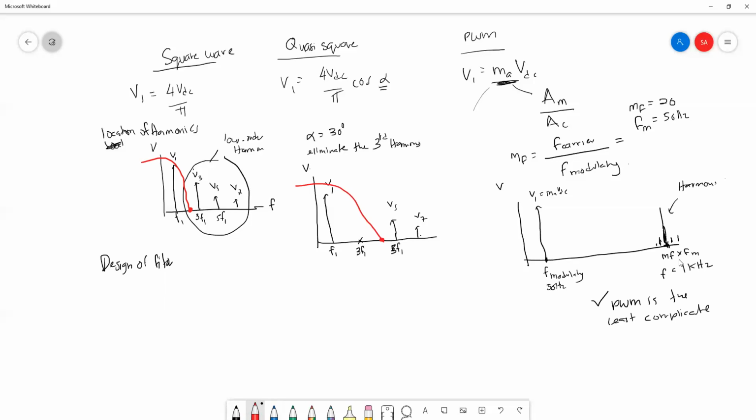But for the PWM, as you can see, we have plenty of space because there are no low order harmonics, so you can design your filter to cut off before 1 kilohertz. So in terms of design, PWM is the least complicated.